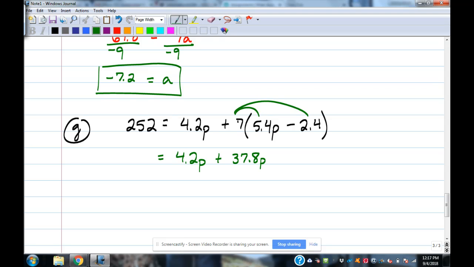Calculator folks, help me make that right. 7 times 2.4 would be 14 plus 2.8 would be 16.8. Is that right? Okay. Next step. That's right. Combine like terms. These two guys are like terms. Let's put them together. 4.2 plus 37.8.